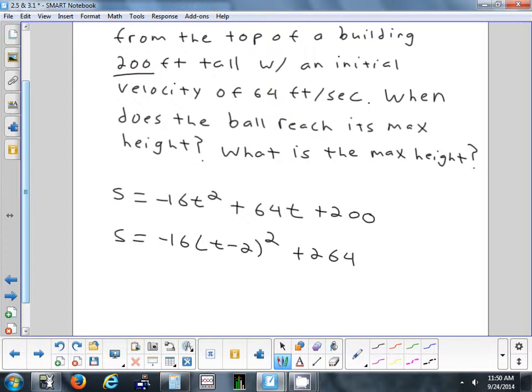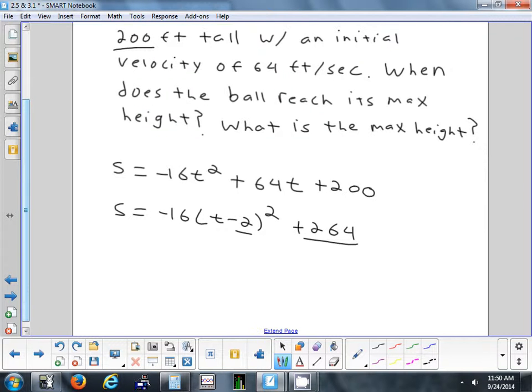But the important thing that it tells us are these two numbers right here. It tells us how far left and right we've moved the original, and how far up and down. If you don't transform your parabola, your vertex is at the origin. But we've moved our vertex 2 units to the right, and up 264 units. Completing the square would show us that.